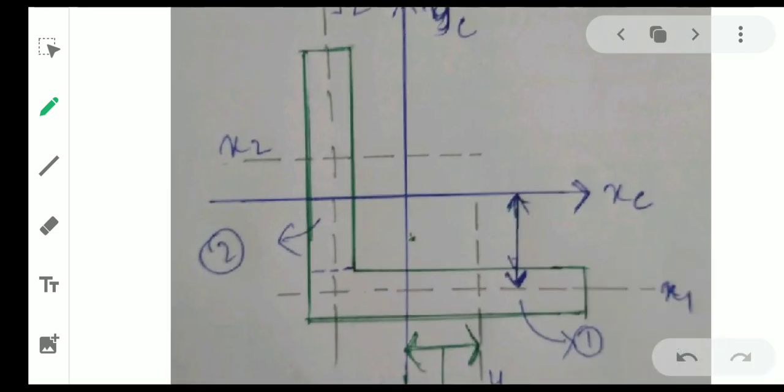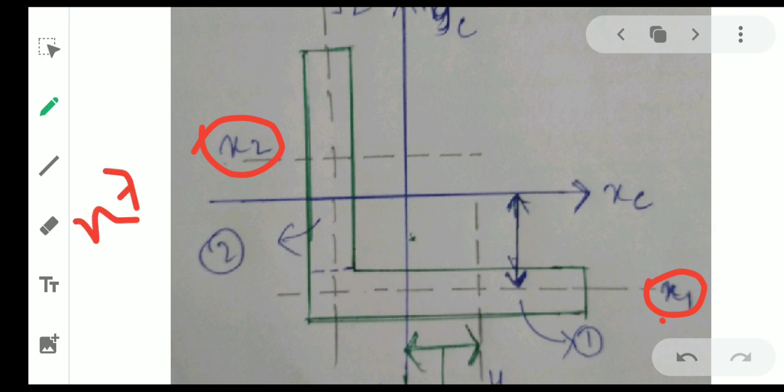I have shown you, this I have also solved in centroid. You can see this is x1, the centroidal axis in x direction for section 1, and x2 is the centroidal axis in x direction for section 2. Already told, x distance is calculated from the y axis.